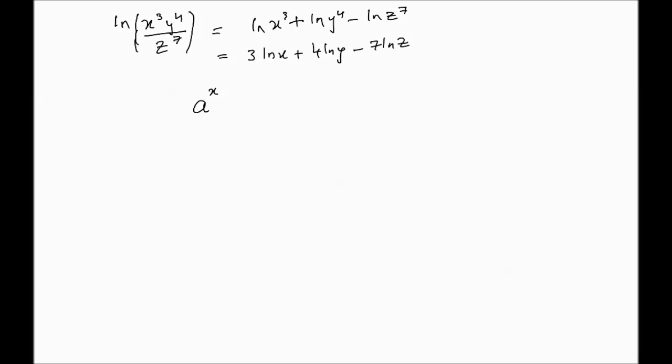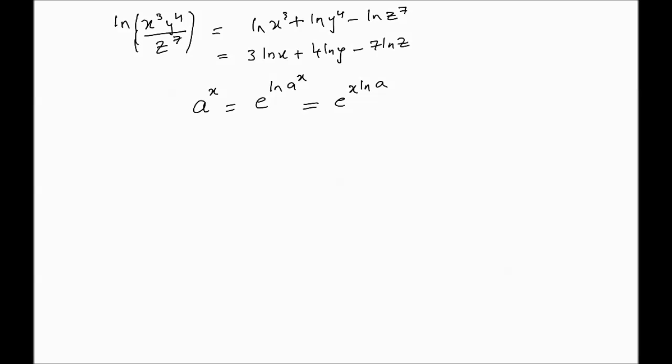We can write a to the x as e to the ln of a to the x, because e and ln are inverses, the exponential of the ln of a to the x is just a to the x. Then, using the law of logs, I can bring the x down, and that becomes e to the x ln a. So that's a useful little thing to keep in mind. Sometimes it may come in handy.